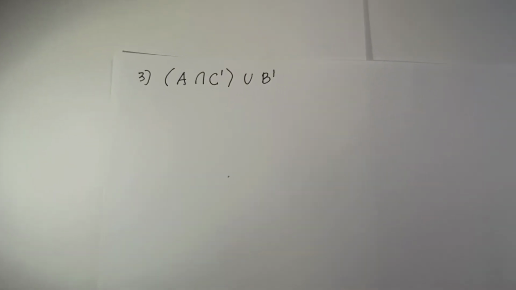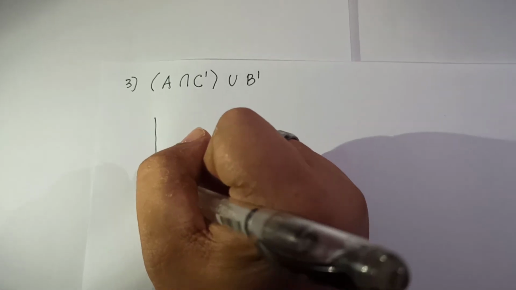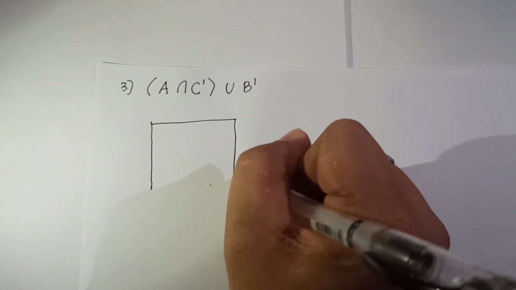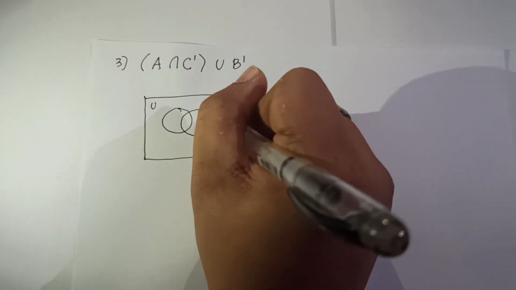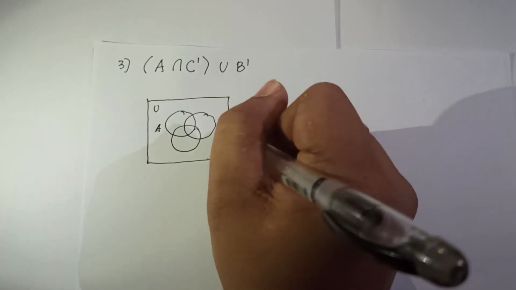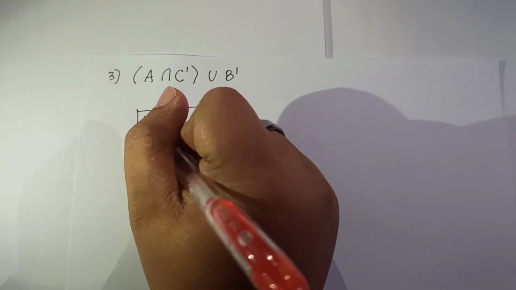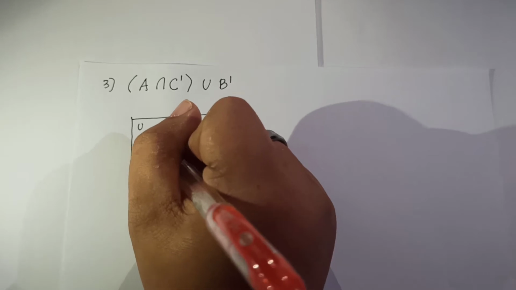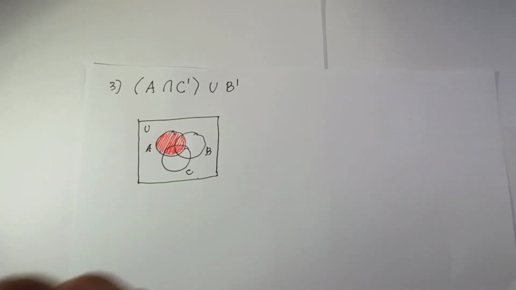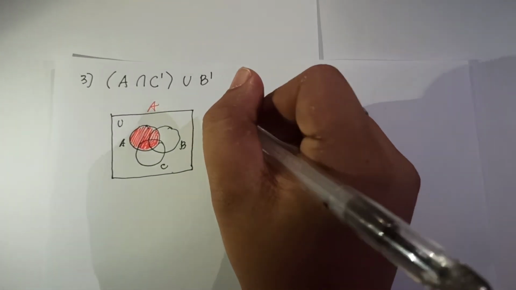Okay, so number 3, A intersection of C prime, quantity union of B prime. So, first, we are going to illustrate A. So, this is our union. This is our A, B, and C. So, what is our A? Here. Going to illustrate our A. So, this is our A. Next, we have C prime.